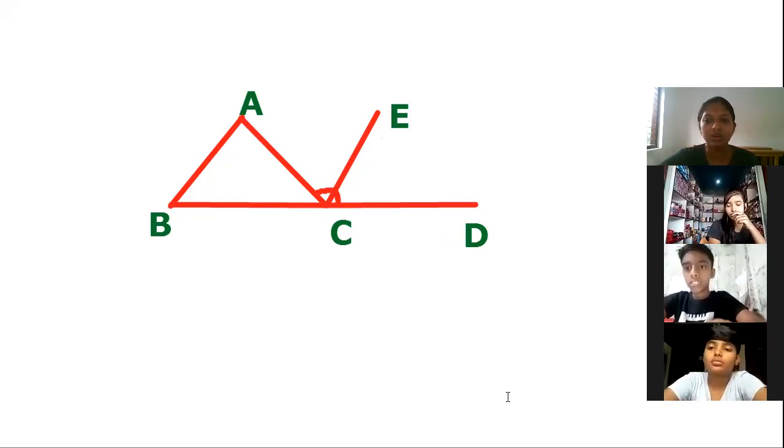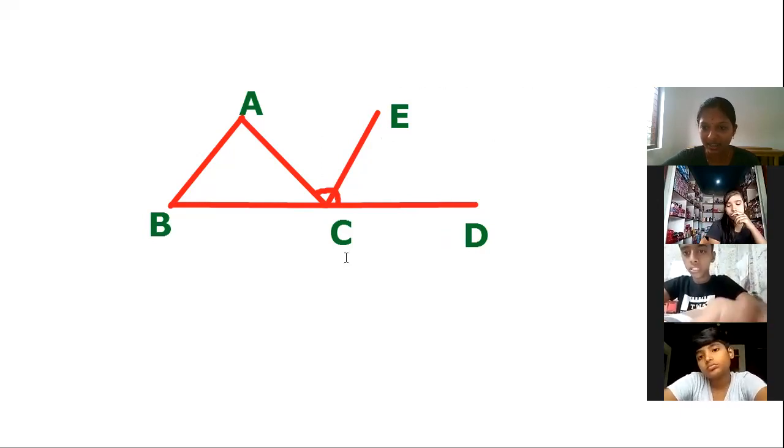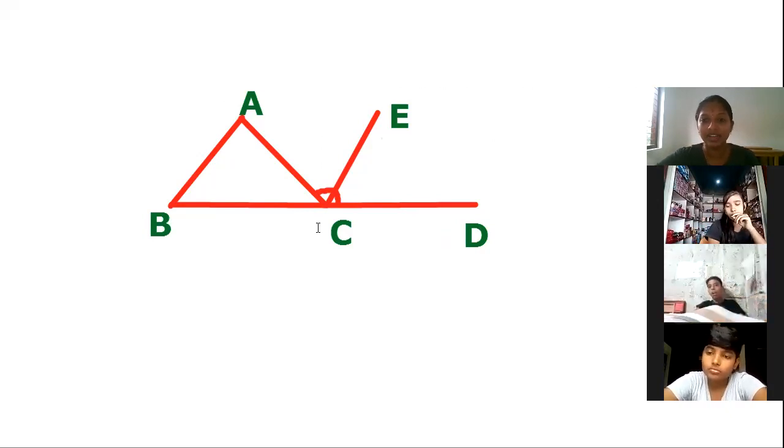And we know two parallel lines are cut by another line, whose name is transversal. Can you see a transversal here? The parallel lines are AB and EC.